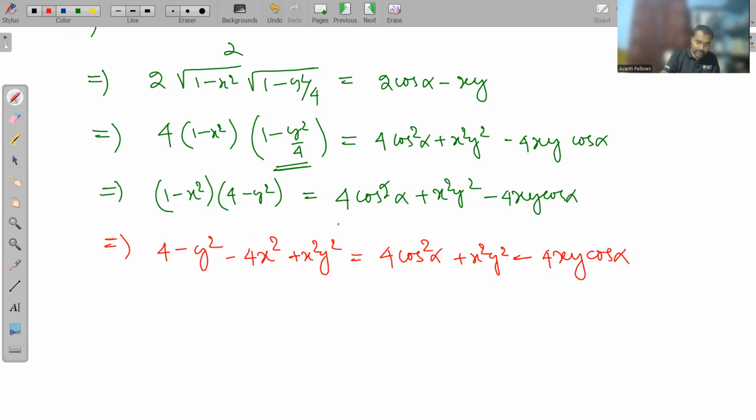So from both the sides, I will cancel out x square y square. Okay, now we have 4x square minus 4xy cos alpha plus y square, which is equal to 4.